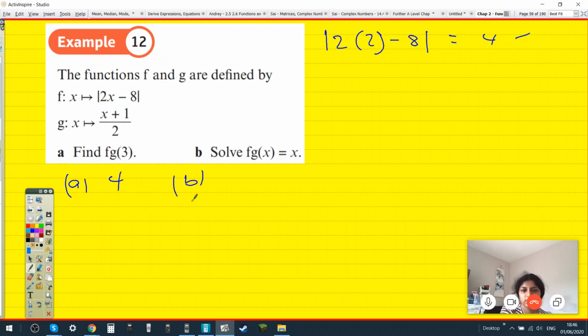B. F of g of x is equal to x. So you do modulus 2 in brackets x plus 1 over 2. Wait, no, that's wrong. Never mind. What's wrong about it? Oh, no, it's not wrong. I just confused myself.